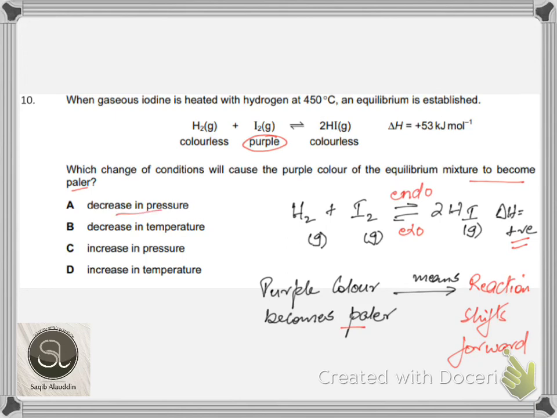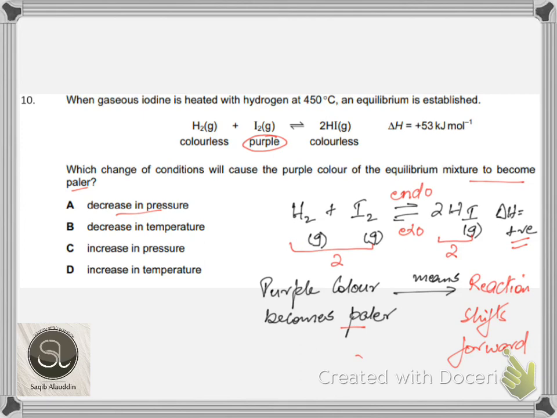Now remember, when you decrease the pressure, equilibrium shifts toward the side with more number of moles. How many moles do you have on the reactant side? You have 2 moles on the reactant side and 2 moles on the product side. So it won't actually shift forward. So option A cannot be correct.